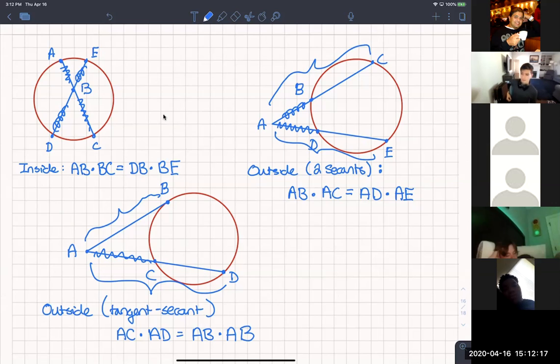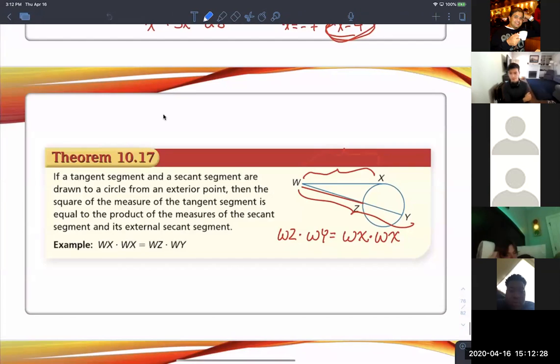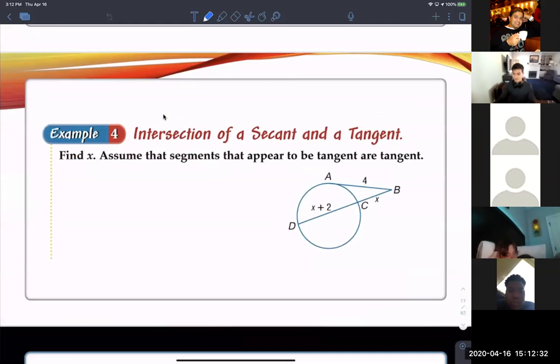Any questions so far? Not yet. All right. So let's look at a couple of problems. So let's look at this one right here. So this is tangent times secant. So remember, it is piece to the circle times the entire piece.